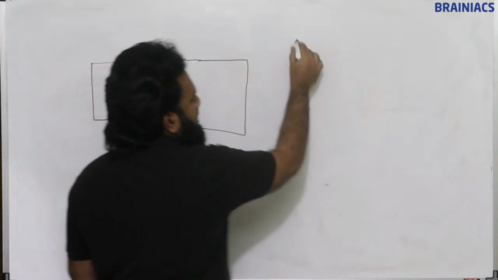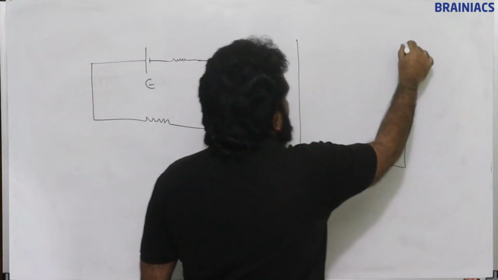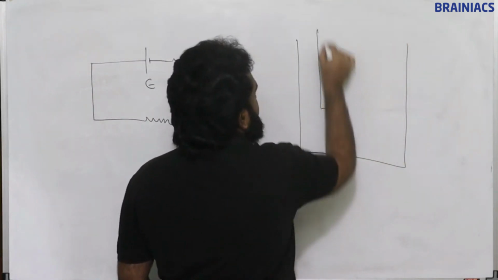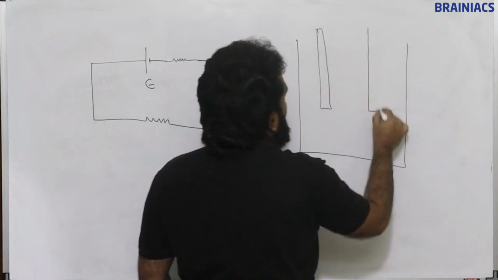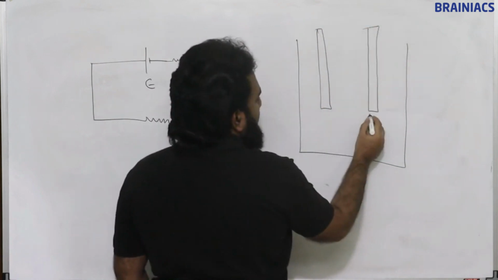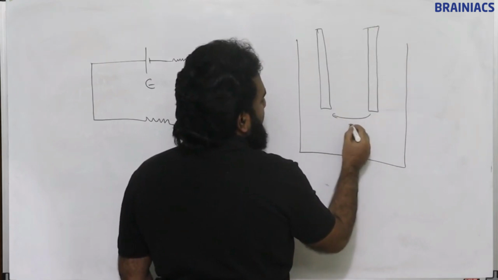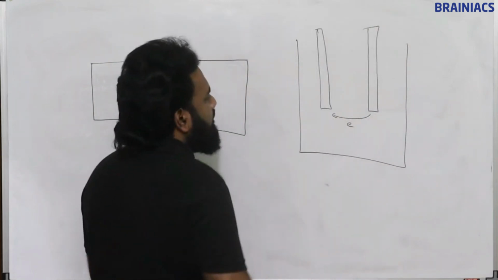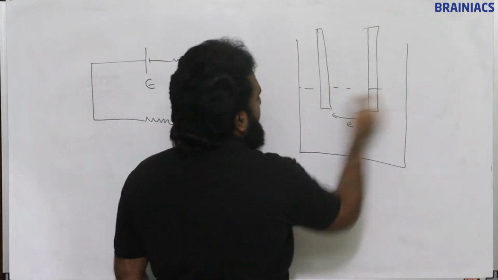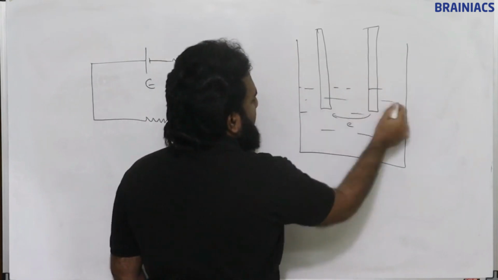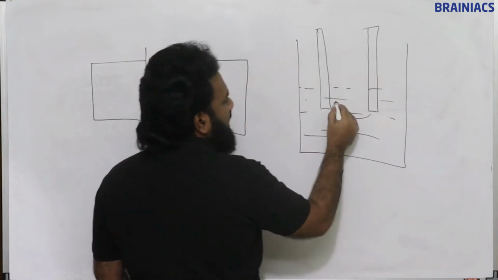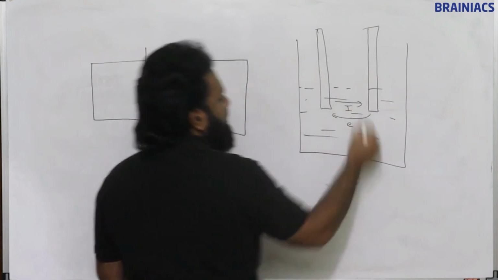How is that? Suppose again we take electrodes. For an electron to move here, if the electron is coming in this direction, the current will be moving in this direction.